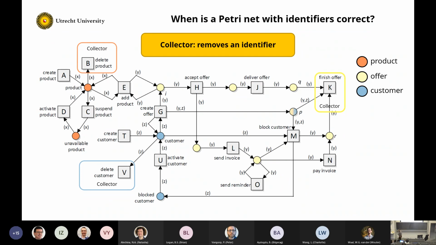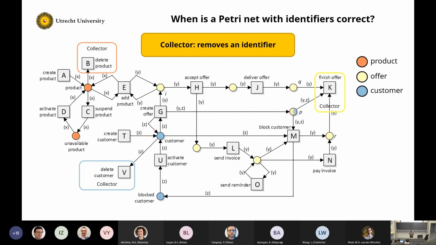So what does it mean to have a correct model? That's what I'm trying to arrive at. What would be a good solution? Well, soundness says everything should go from the initial to the final. Translated to identifiers, it should go correctly: it should be emitted, and once it's collected, it should be removed from the net.